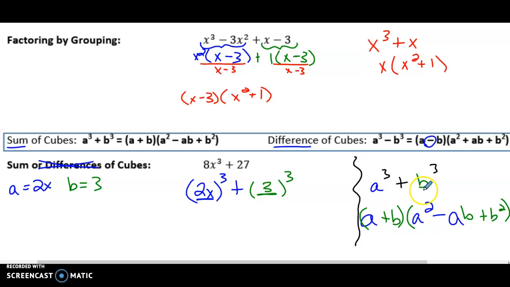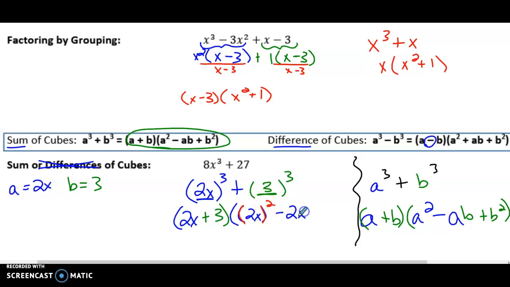If we let a be 2x and b be 3, we're going to use this formula here to factor it. So what is a? A was 2x plus b was 3. Then we're going to take that times a squared. Be careful with this step because it's not just 2x squared. It's actually going to become 4x squared.